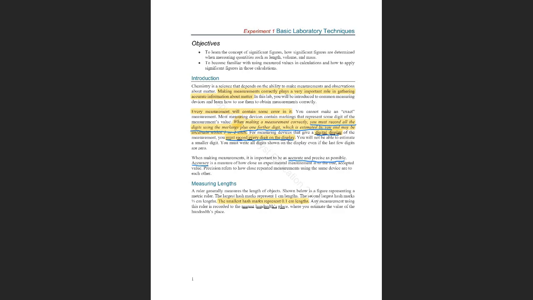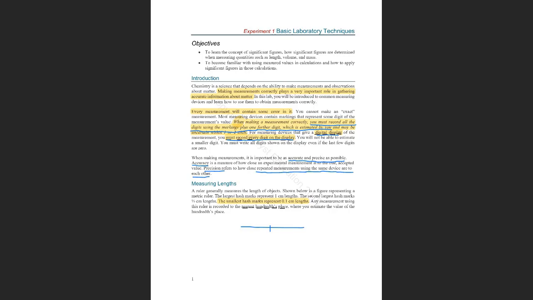And then the precision refers to how close repeated measurements using the same device are to each other. So basically, there are two different concepts. One is the accuracy.